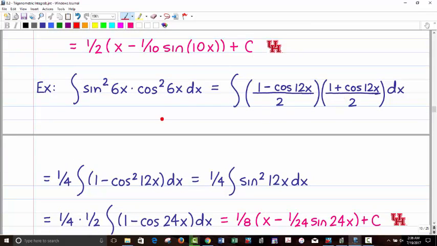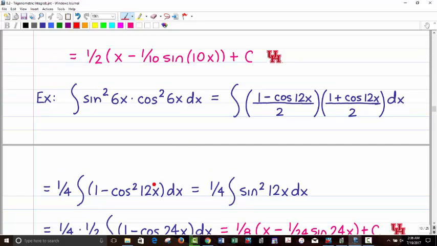I took the two 2's out and put 1/4 out here, and if you FOIL that out, you're going to see you lose a middle term, because that's the difference of two squares. In other words, x minus y times x plus y is always x squared minus y squared. But you didn't have to recognize that, because if you multiplied it out, you would see the cosine of 12x terms would cancel. So it's okay if you did not recognize that.